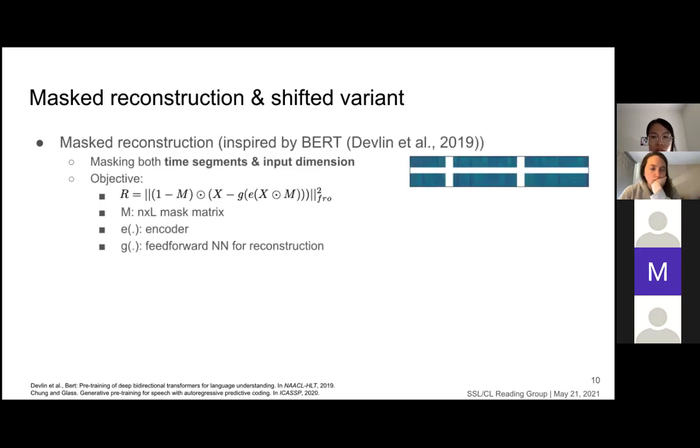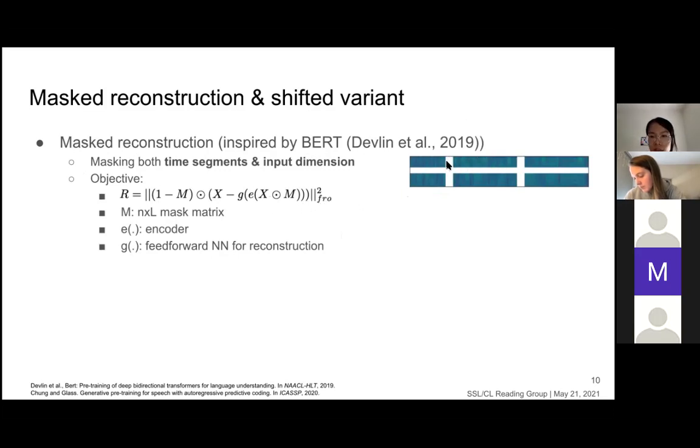Okay. And one last component of this framework is mask reconstruction. I'm sure everyone is familiar with BERT. This mask reconstruction is inspired by BERT, where they mask out both the time segments and the input dimension. And the objective for the model is to predict the masked inputs.